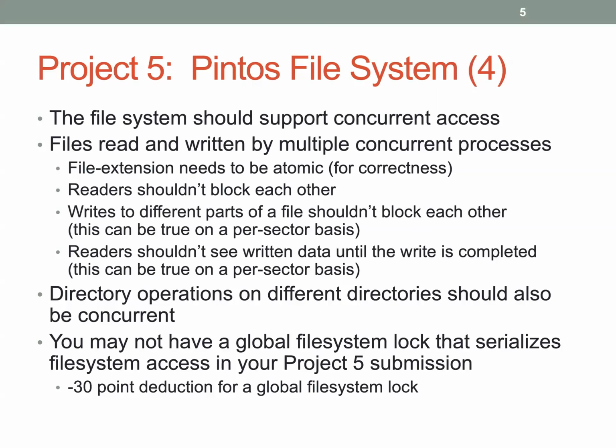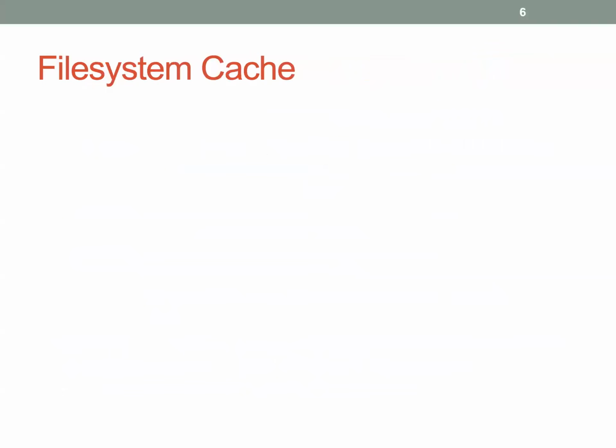This is, again, one of those things that we check for by inspection, and so it may be that you accidentally do this, but if we don't catch it, then you win. But we're going to be looking for this kind of thing. And I'll spell out some of the kinds of patterns that generate these unintentional serializations of the interactions with the file system. But the number one thing is you better get rid of your global file system lock, or else you'll definitely incur this penalty.